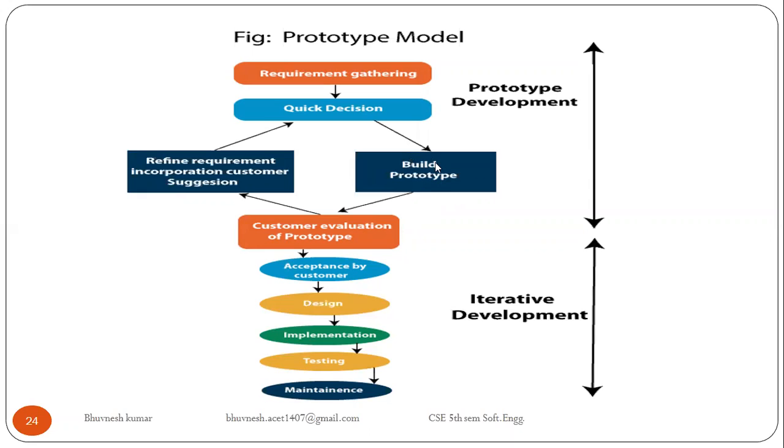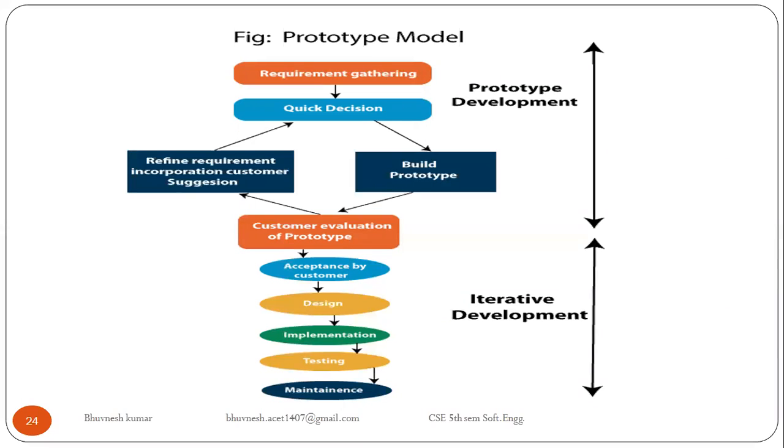Then build a prototype. A dummy should be made, a toy should be made. That is called a prototype. Make a prototype according to what the customer wants and hand it over to the customer.